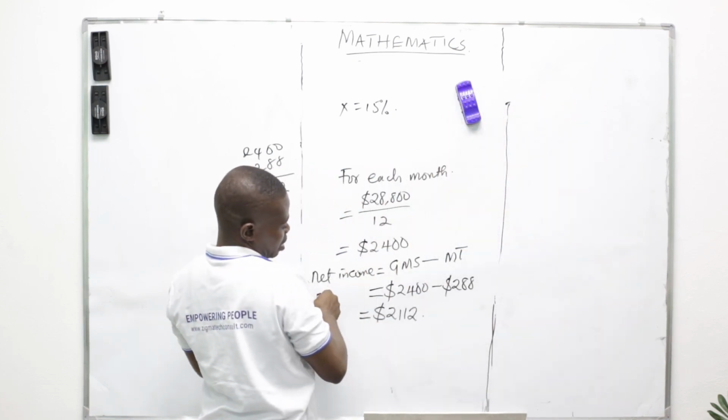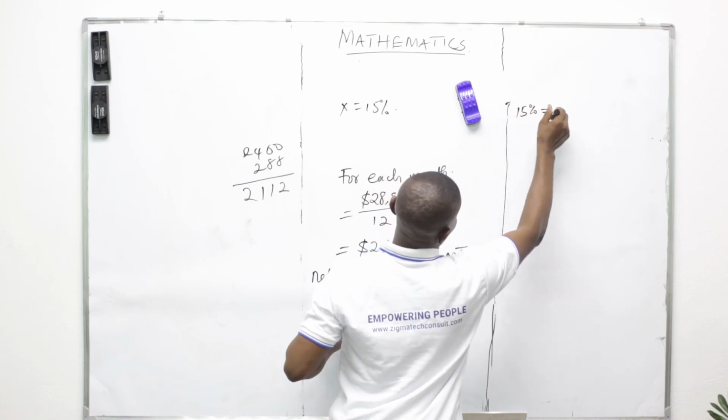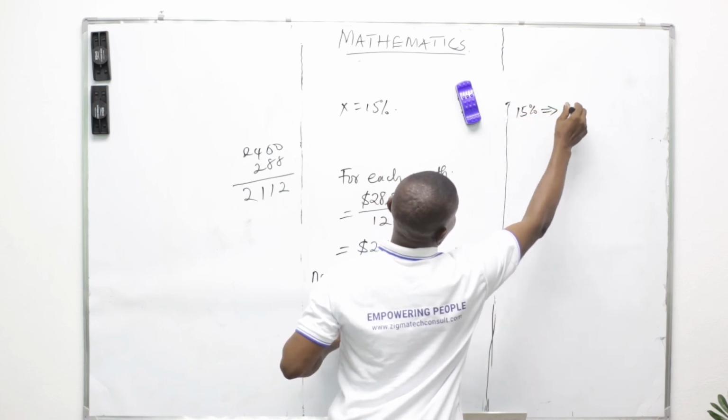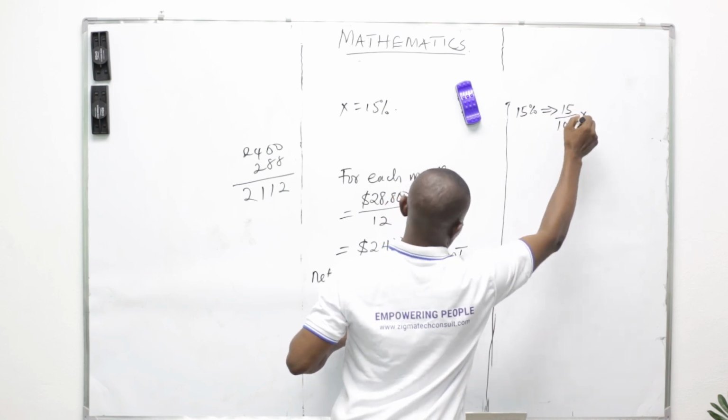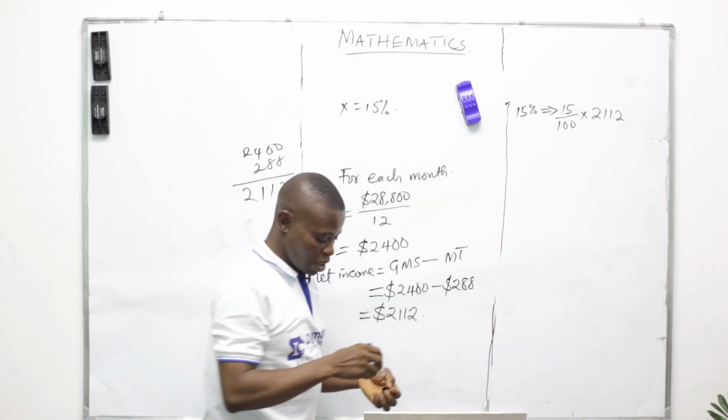Now, proper application of this savings, which is 15%. Now we have the net income. Let's get the 15% now. 15% of it implies 15 all over 100 times 2112. Let's punch calculator.